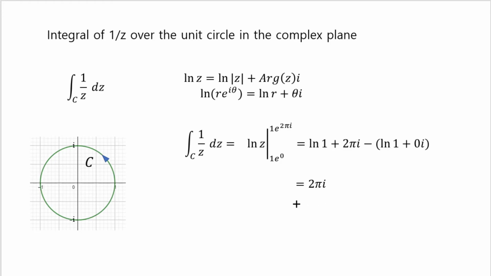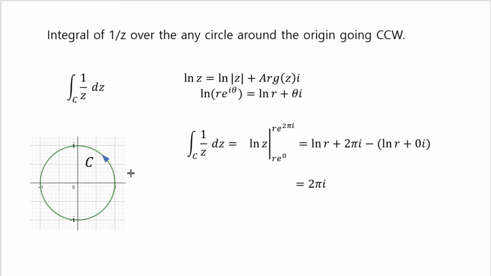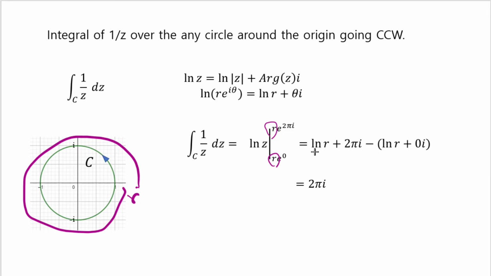Not only did we figure out that if you integrate 1 over z over the unit circle, you get 2 pi i, but even if you had a bigger circle of radius r, the beginning and end point will simply be multiplied by r, so instead of 1, you just get r, and because ln of r and ln of r cancel, you just get 2 pi i. So this 1 over z is a very strange case.